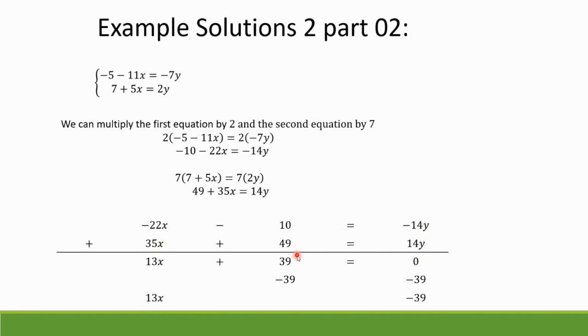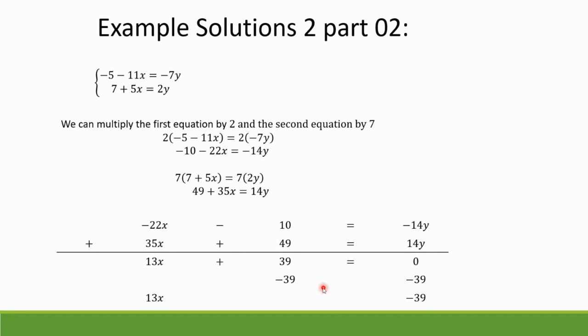These numbers here become 39, right? When we add the coefficients of x, that becomes 13x, as you can see. So we have 13x plus 39 is 0. Right? The y's are gone.